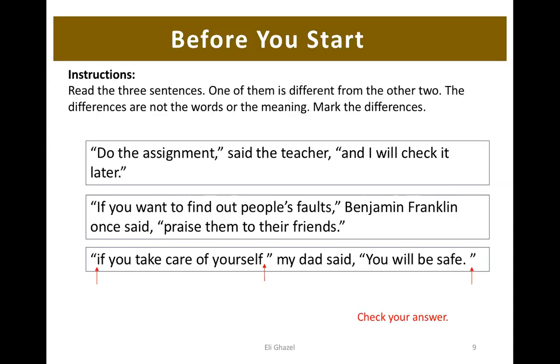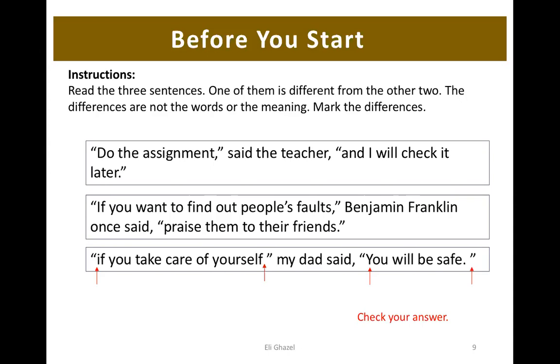And another thing you want to notice is when it continues, "and I will check it at the top," why is the Y capital? Whereas Benjamin Franklin is a name, "you" is not a name.